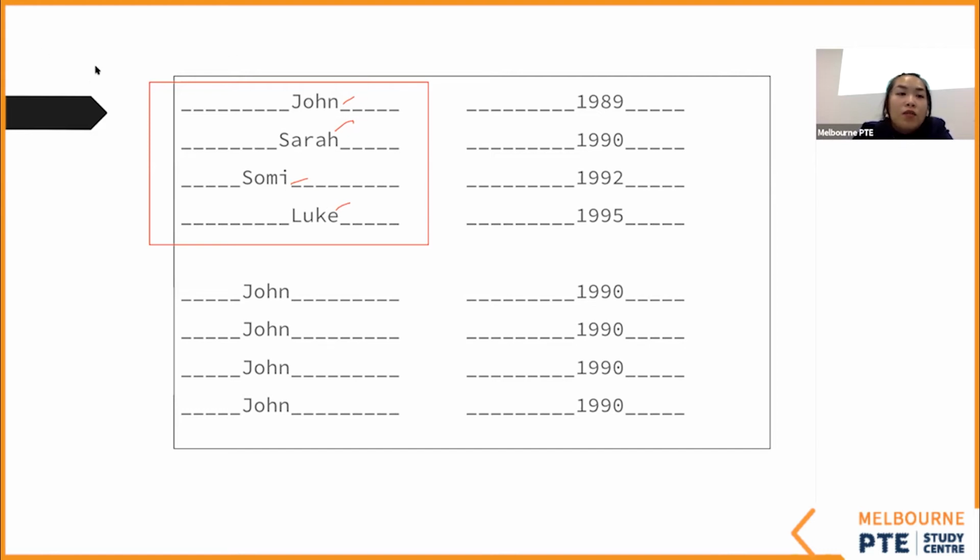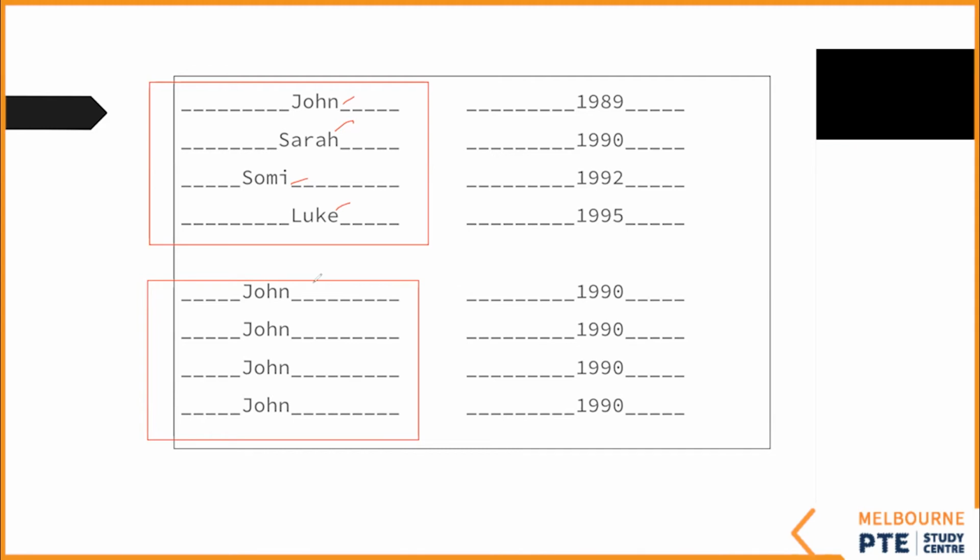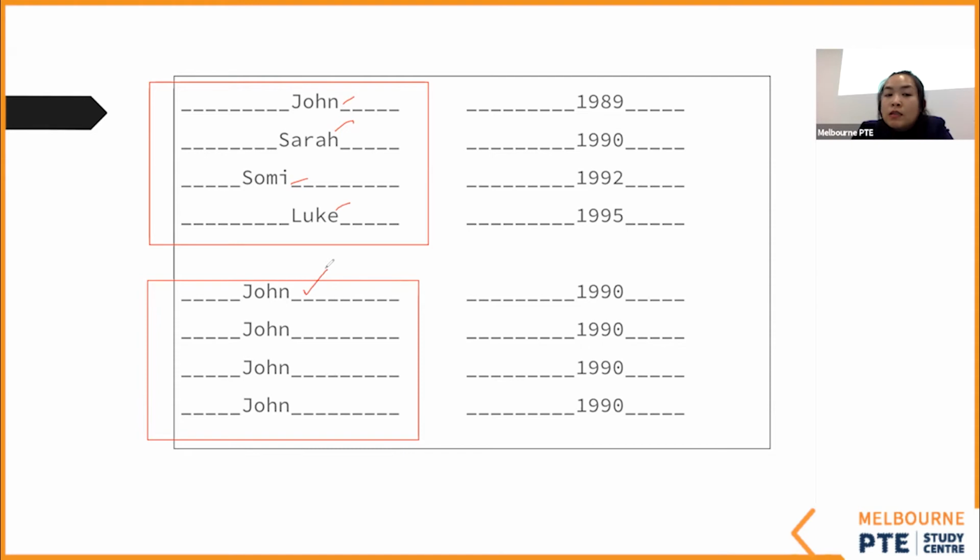Now, if you look at the second paragraph, should you take the name or not? Yes, correct. The person's name keeps repeating. That means the writer wants to tell you this is the important person in the paragraph.